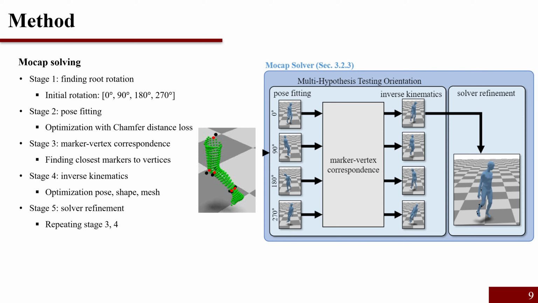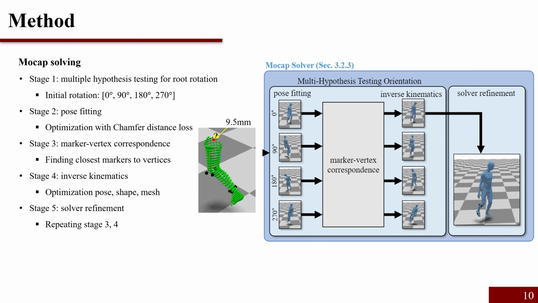This process may seem similar to part localization, but in part localization, the goal is to identify the bone to which a marker group belongs. In stage 3, however, the objective is to find the closest vertex for each marker. The closest vertex of this marker is this, and the closest vertex of this marker is this.